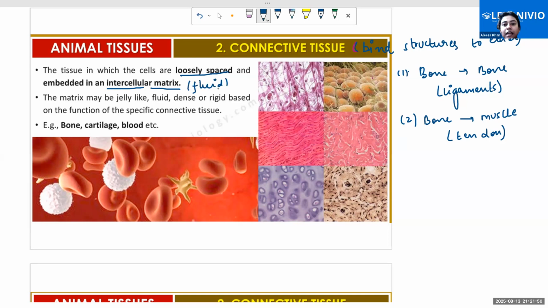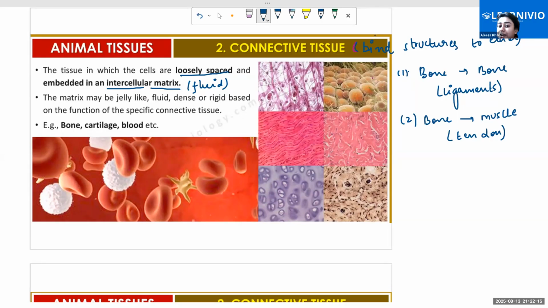What is the difference between intercellular, intracellular, and extracellular? Tell me the differences between these three words. Extracellular means the outside of the cell, and intercellular is between the cells.